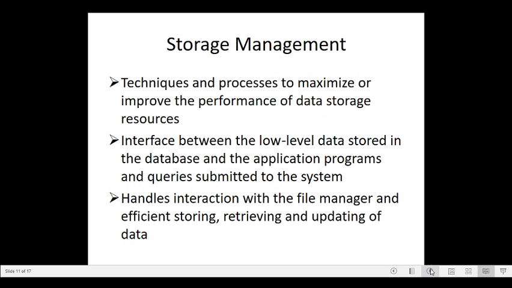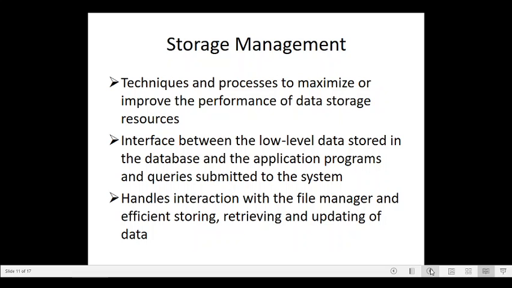Let's move on to storage management. Storage management encompasses techniques and processes to maximize or improve the performance of data storage resources. It is the interface between the low-level data stored in the database and the application programs and the queries submitted to the system.